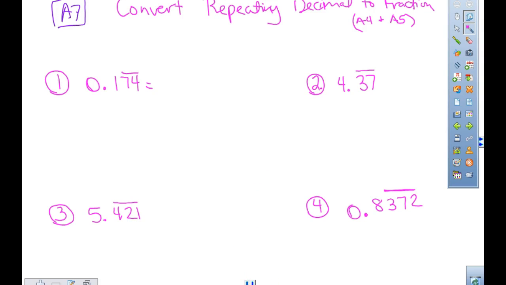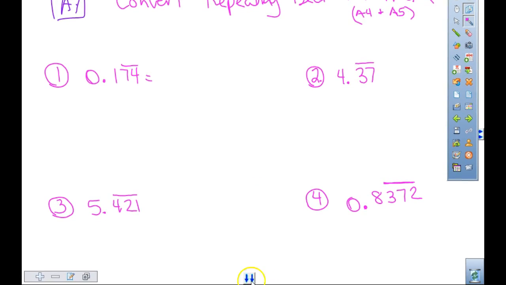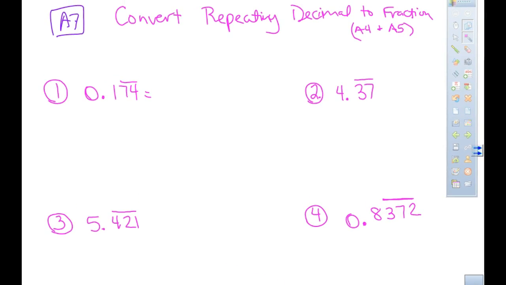So if you were looking at that, please write down the question. The question for number 1 is 0.1 and the 7-4 repeat. Okay, the 7 and 4 repeat. Number 2, 4.37 repeats.